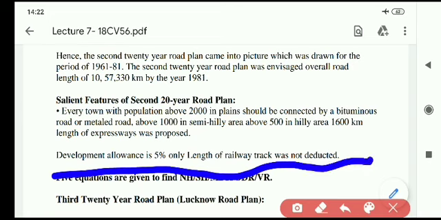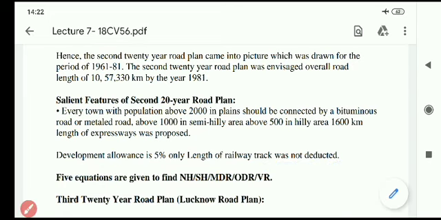The length of railway track is also considered. Means, under the overall density, 5% of railway track length density is also considered and it is deducted from the overall density. Even the laying of track is considered in the Bombay road development plan. That is the second 20-year road development plan, and the density of the road was 32 kilometers for every 100 square kilometer area.